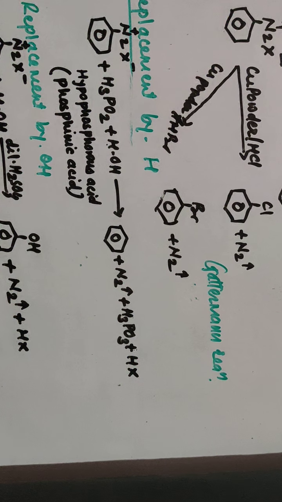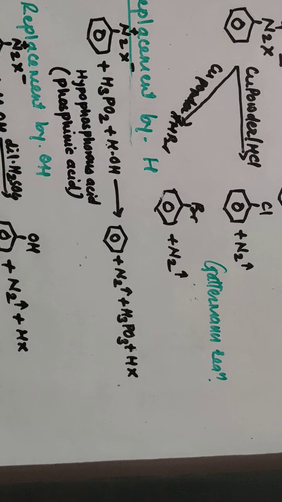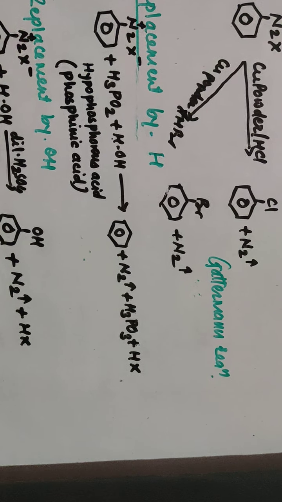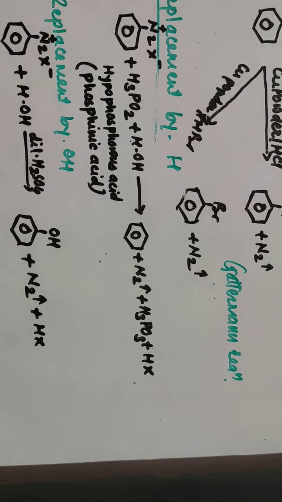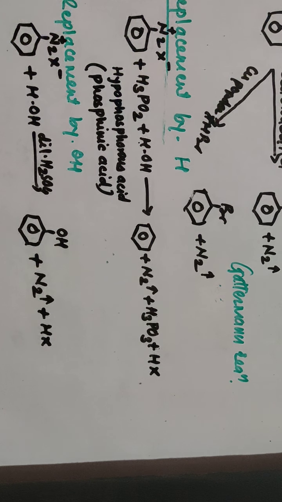Then in case of replacement by hydrogen, hypophosphorous acid is used as a reagent. When your diazonium salt is treated with phosphinic acid, also called hypophosphorous acid, the corresponding compound is benzene along with nitrogen gas. And in case of replacement by the hydroxyl group, there is a formation of the corresponding phenol along with nitrogen gas.